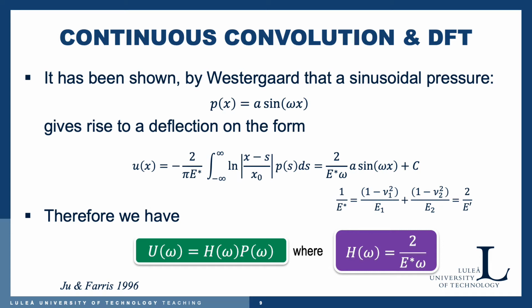And we can of course obtain now, by straightforward multiplication between the transfer function H omega and the Fourier transformation of the pressure, the Fourier transformation of the deformation.